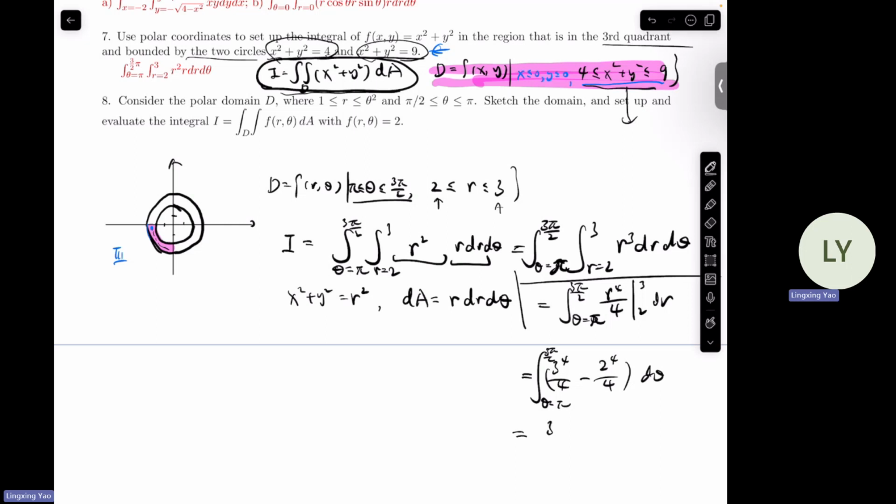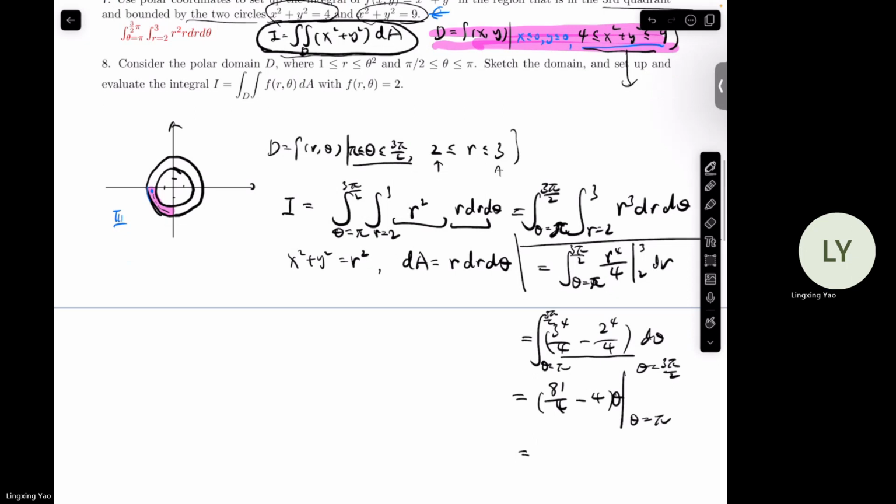We have 3 to the 4, which is 9 squared, which is 81 over 4, minus 2 to the 4, which is 16, over 4. And the antiderivative for this constant in terms of theta is theta. We have theta equals pi, theta equals 3 pi over 2.